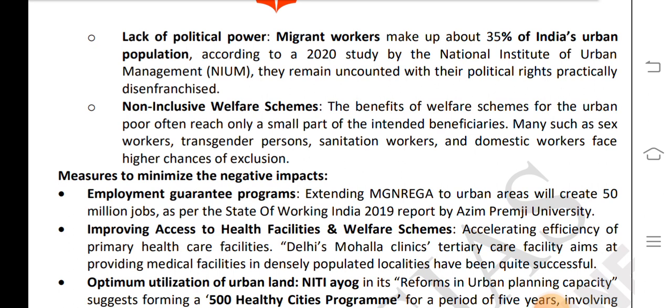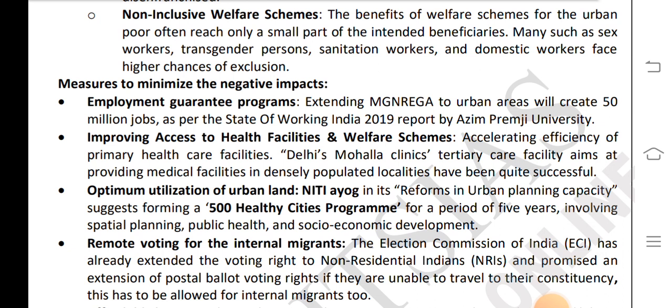They remain uncounted, with their political rights practically disenfranchised. Non-inclusive welfare schemes: the benefits of welfare schemes for the urban poor often reach only a small part of the intended beneficiaries, and many, such as sex workers, transgender persons, sanitation workers and domestic workers, face higher challenges of exclusion.